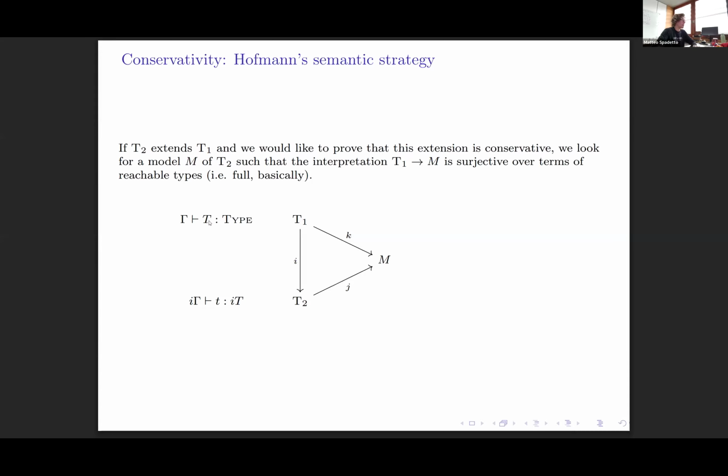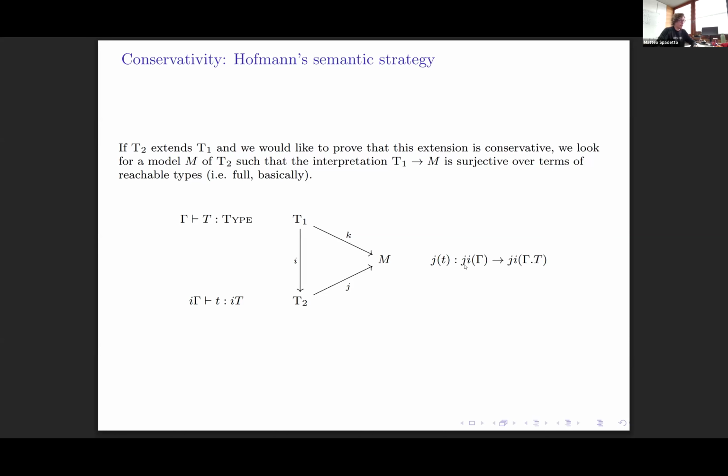Suppose that you have a type T of T1, and suppose that its interpretation, I(T) in T2, is inhabited, so we have a proof t of capital T in T2. We would like to lift this proof to T1. Then what do we do? We interpret this judgment via J into M to obtain a section of the display map interpreting the type T, because this is how terms are interpreted in a model: sections of display maps.